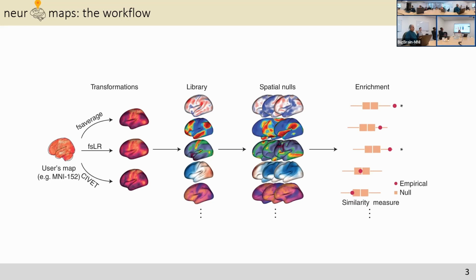These spatial nulls are super important for comparison between brain maps, because the spatial autocorrelation in brain data often creates a lot of problems when we want to compare things together. So we get inflated p-values, for example, and by using spatial nulls that preserve the spatial autocorrelation of your brain maps, we get p-values that make way more sense to assess the significance of some relationships.